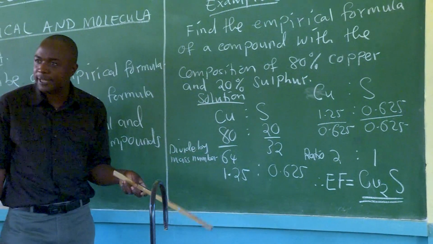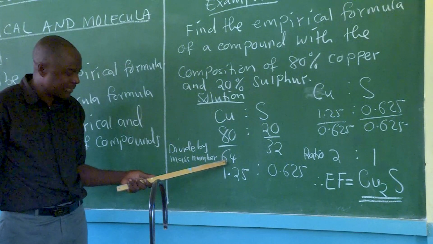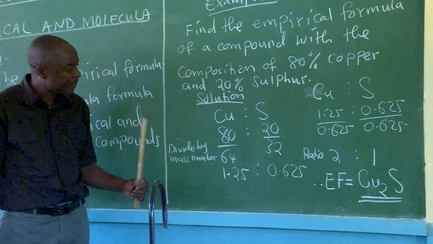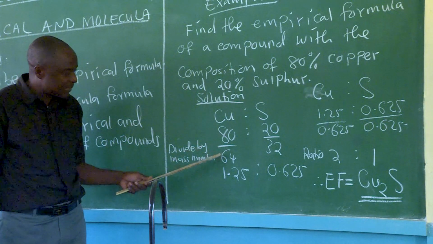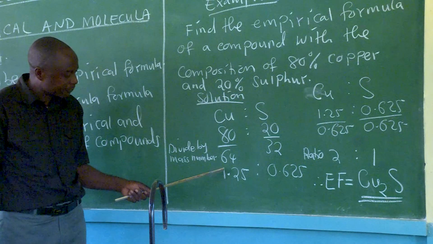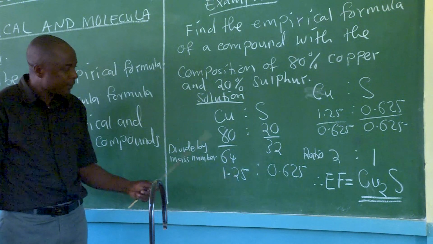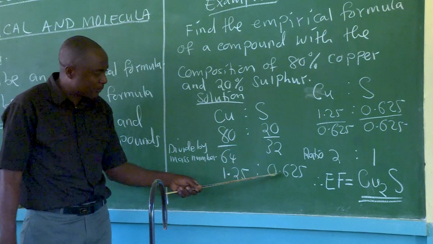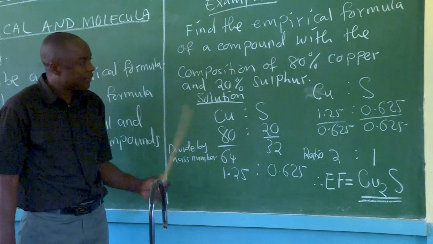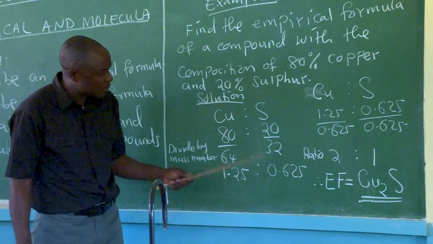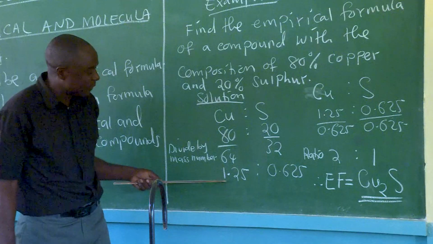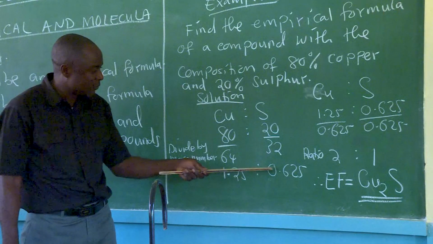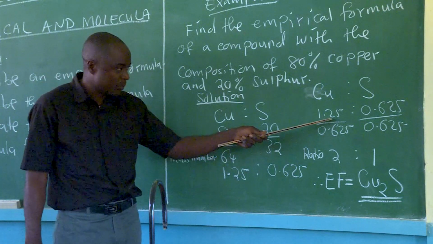The mass number for copper is 64 and for sulfur is 32. 80 divided by 64 gives 1.25, and 20 divided by 32 gives 0.625. Then you finally divide by the smallest between the two, which is 0.625.